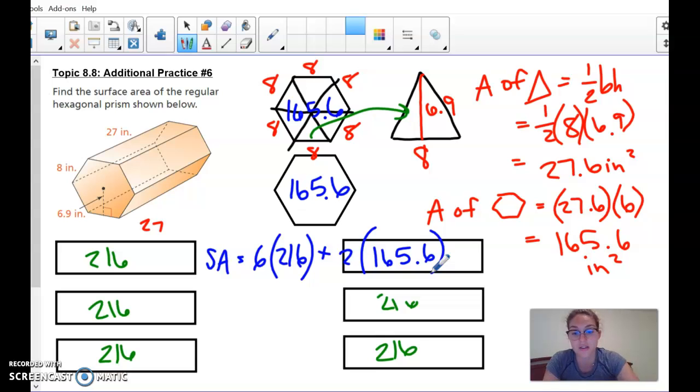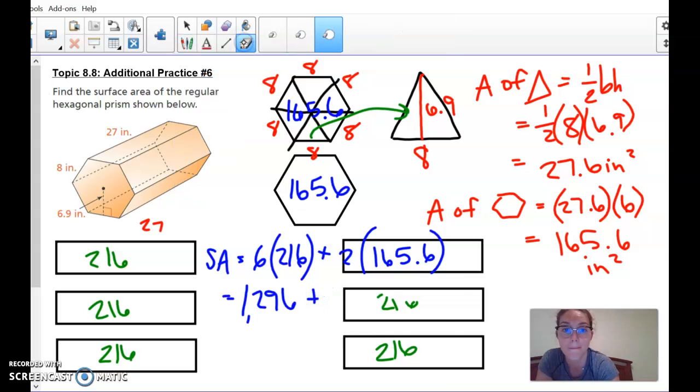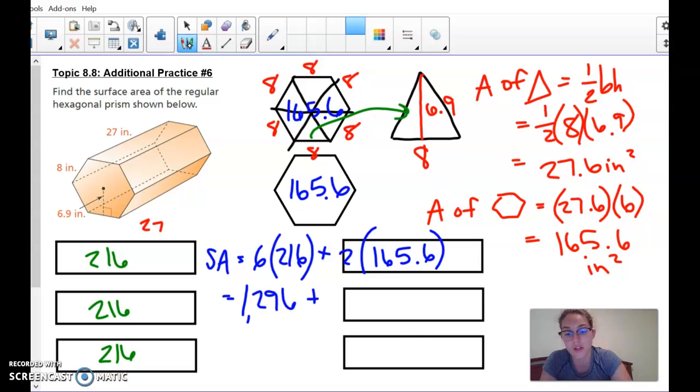So let's see what that is. 216 times 6 is going to be equal to 1,296 plus 165.6 times 2 is equal to 331.2.